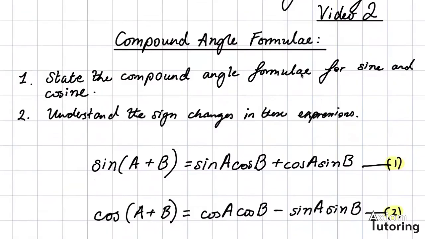How will I get those? So we're actually going to derive those together. And then once we do that, we can derive tan of a plus b. And then we're also going to look at how that expression changes if it were tan of a minus b.